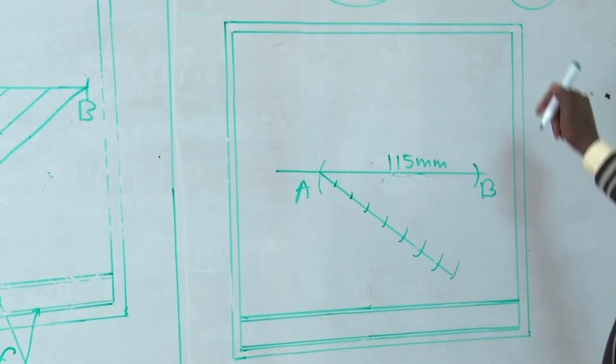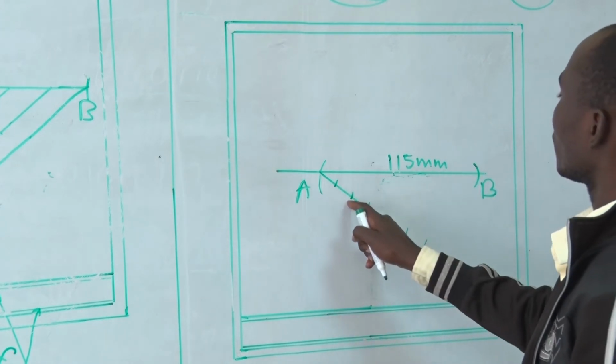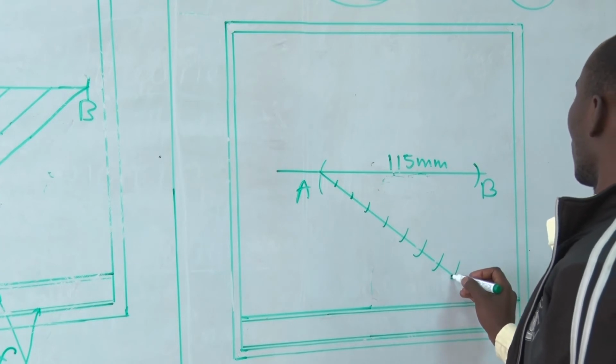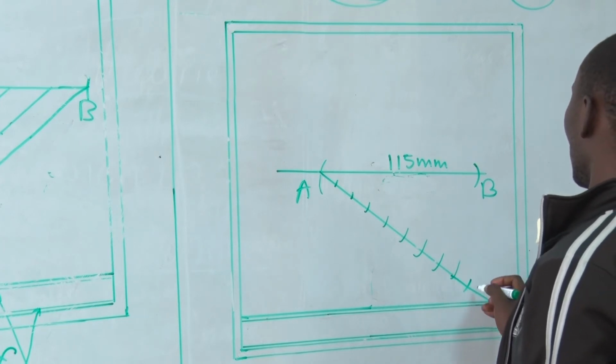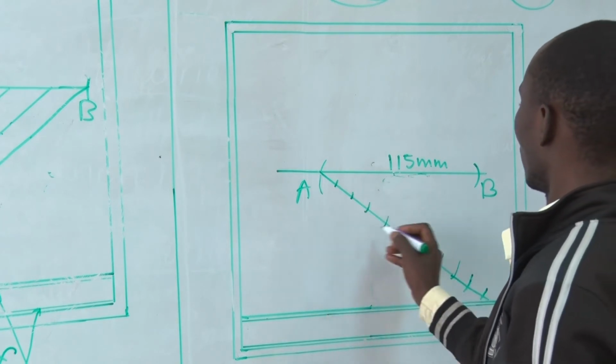So we will move up to 13. So we have 1, 2, 3, 4, 5, 6, 7, 8, 9, 10.